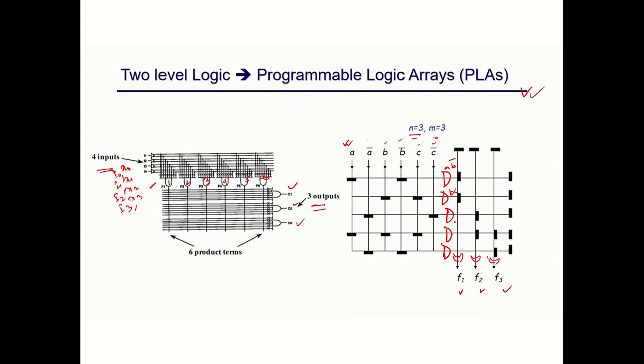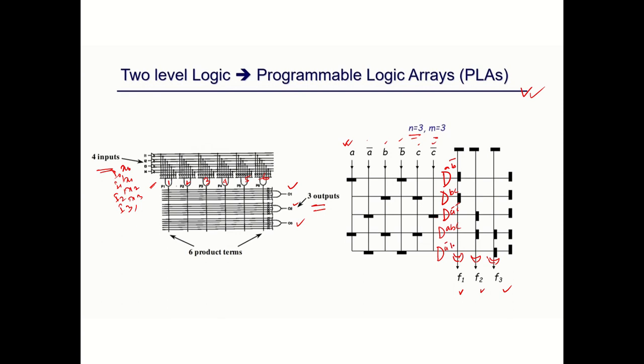Just tell me, for this particular AND gate, what should I write? A bar C bar. And for this one, A B C. Yes. This one, A bar B bar.